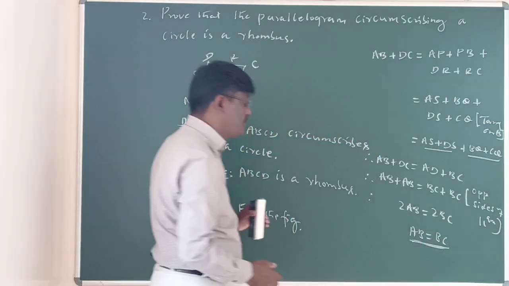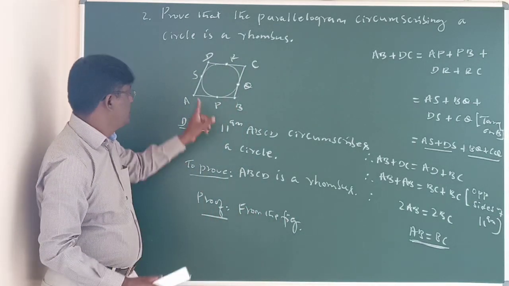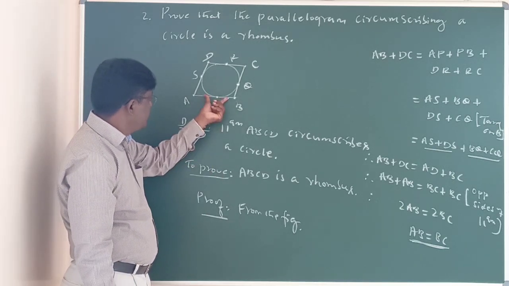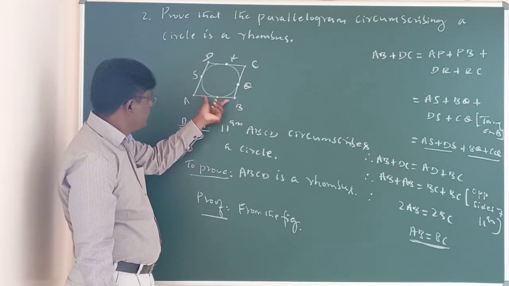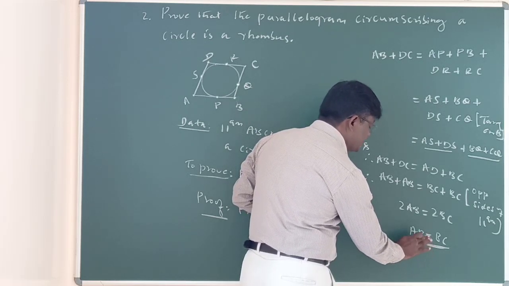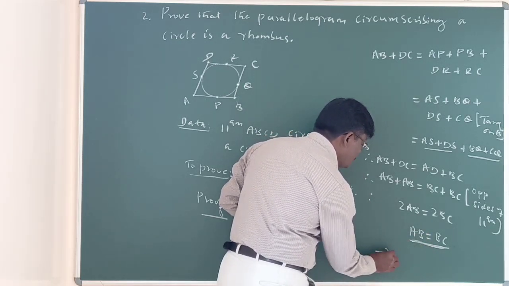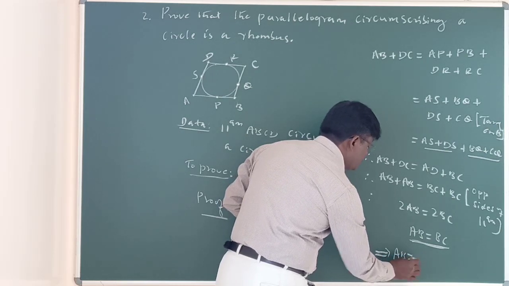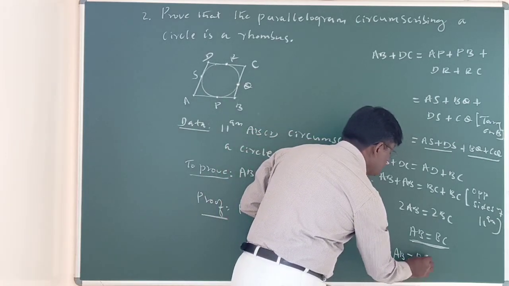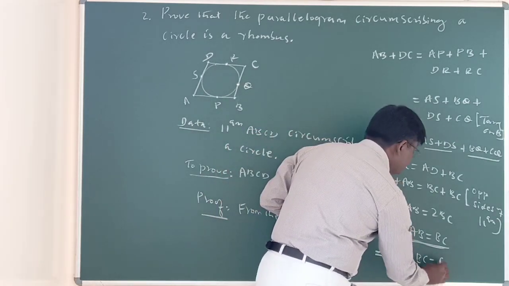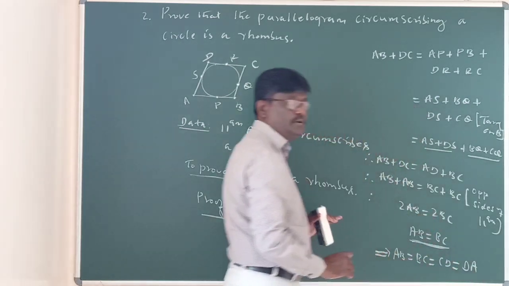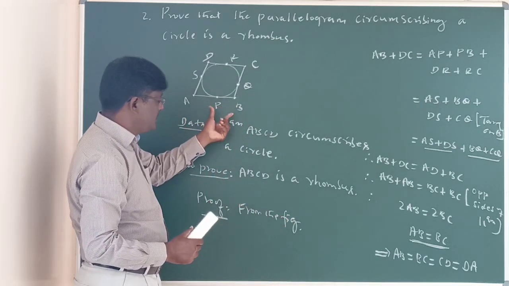A very important thing: AB and BC are adjacent sides. Already AB equals DC, opposite sides, and AB equals BC. This implies AB equals BC equals CD equals DA. This is enough to say that all the sides are equal.